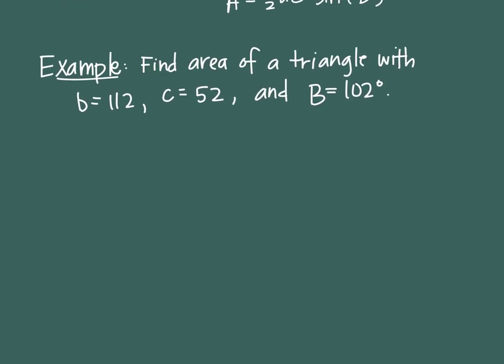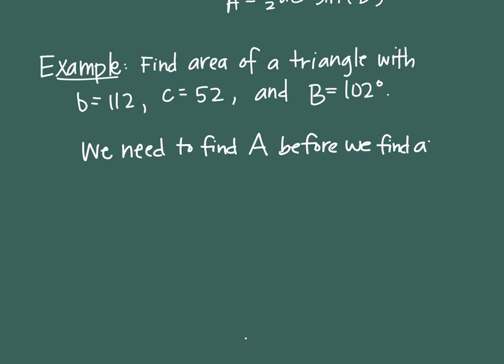All right, so we need to find the area. In order to find the area, we need A first. So we need to find A before we can find area, because the formula requires A, not B. So you'll still set up your 6 parts of an oblique triangle: 102, 112, and 52.